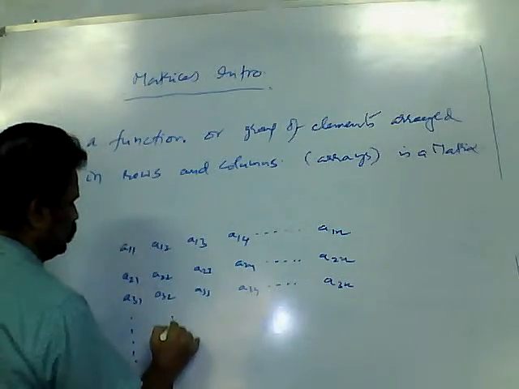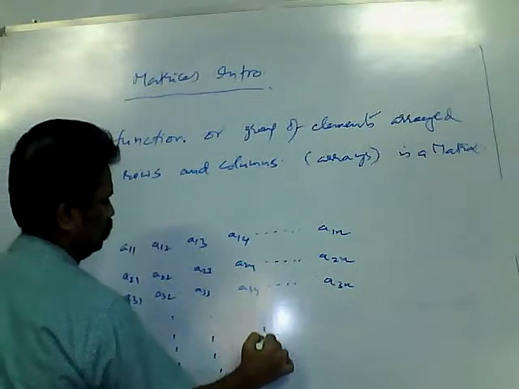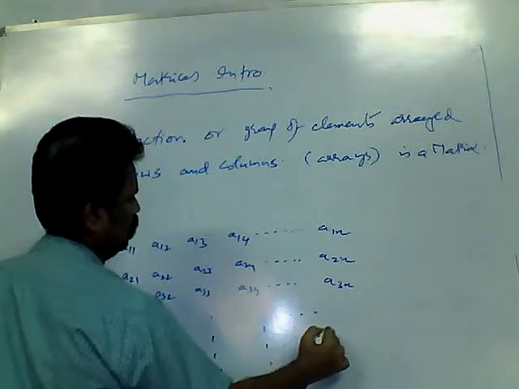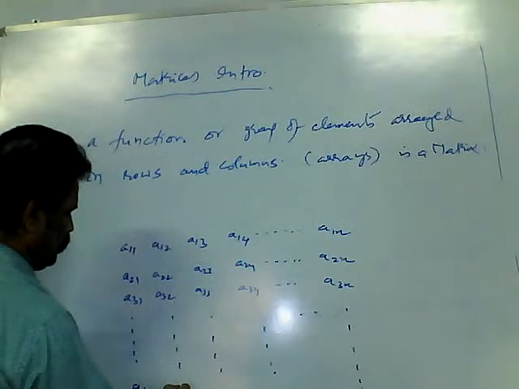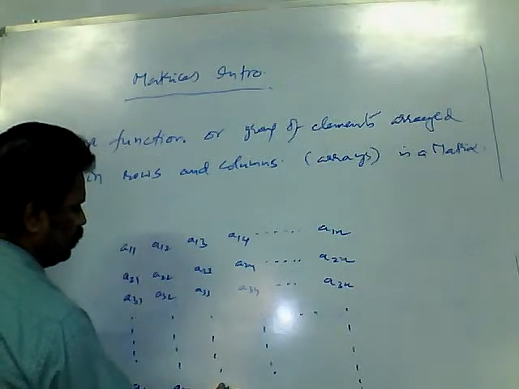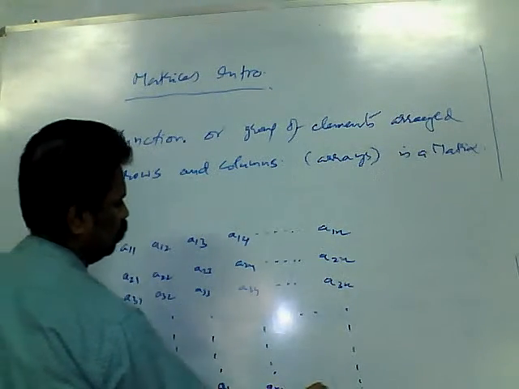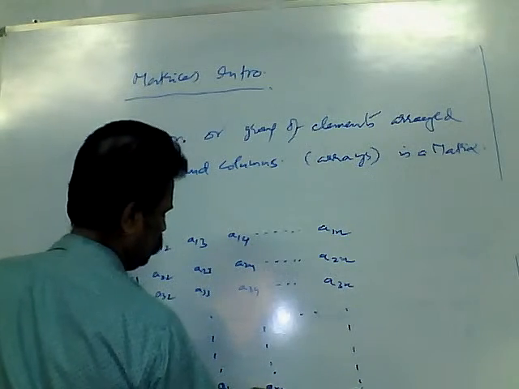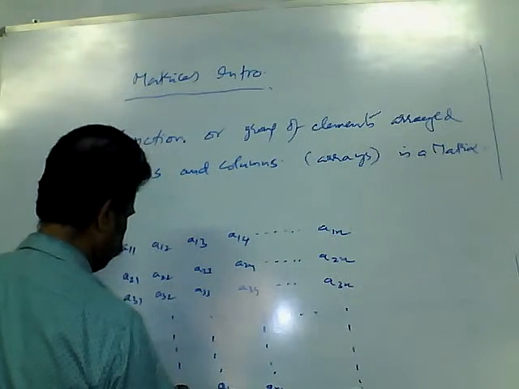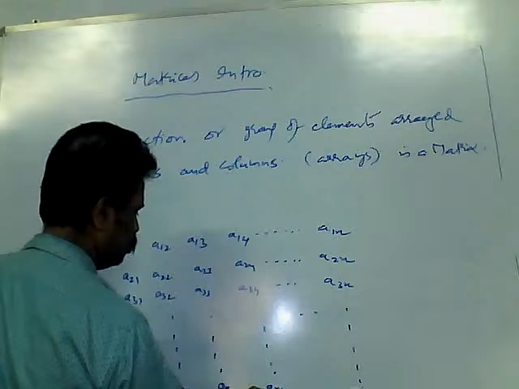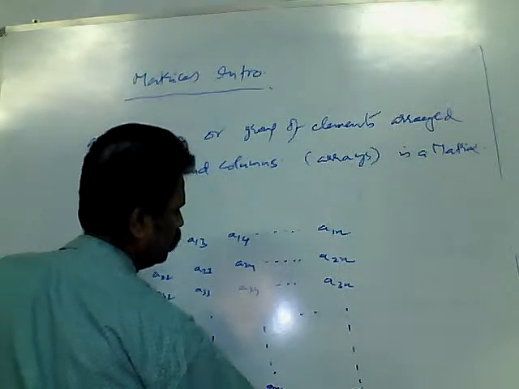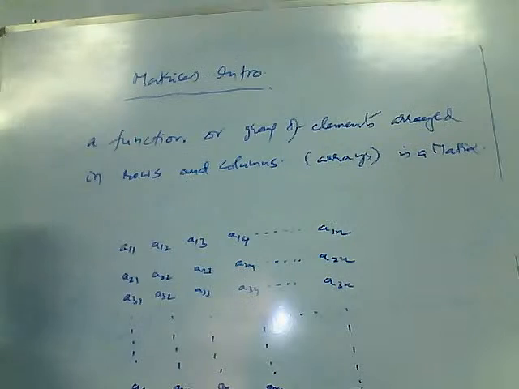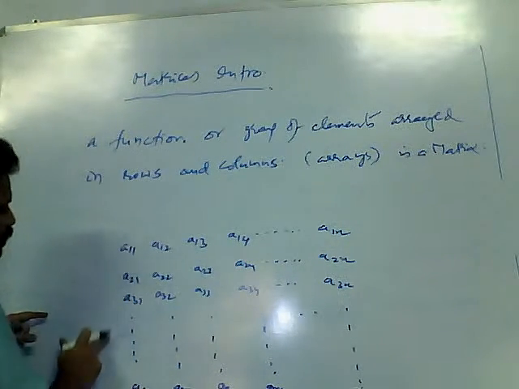Then you proceed like this. AM1, AM2, AM3, AM4, sorry, here I can take M. AMn. Right?